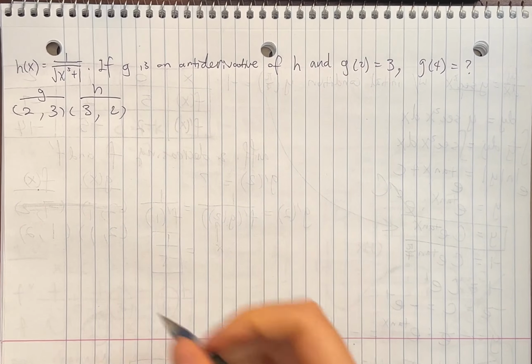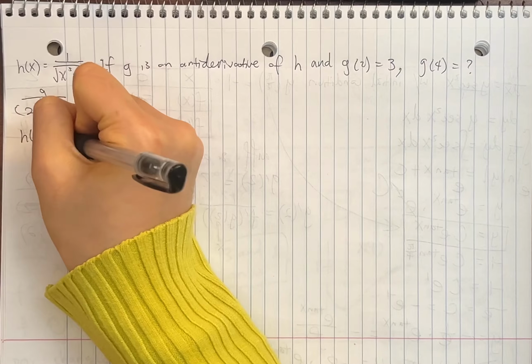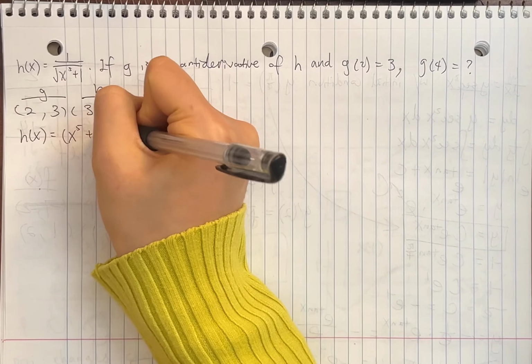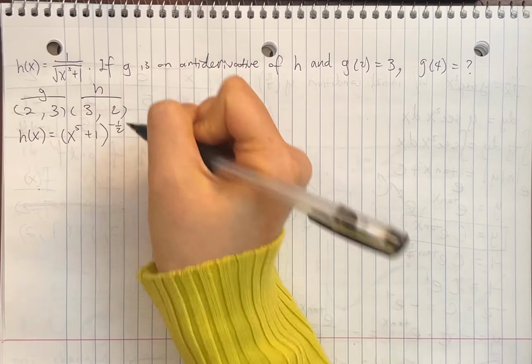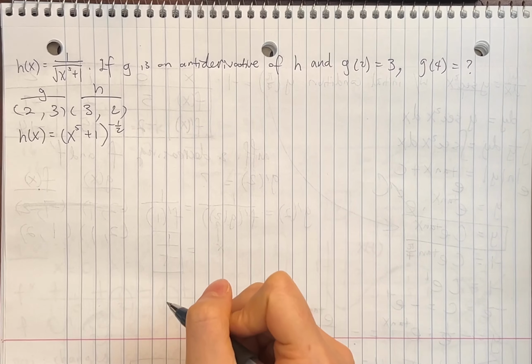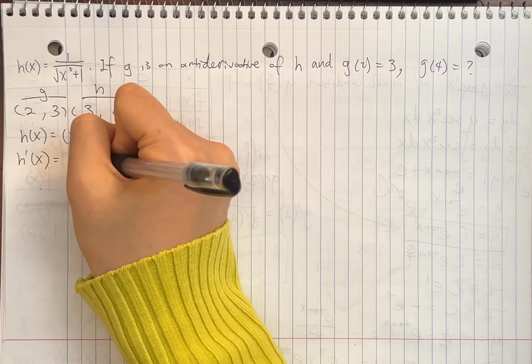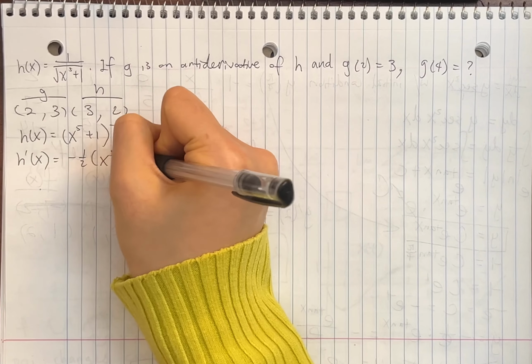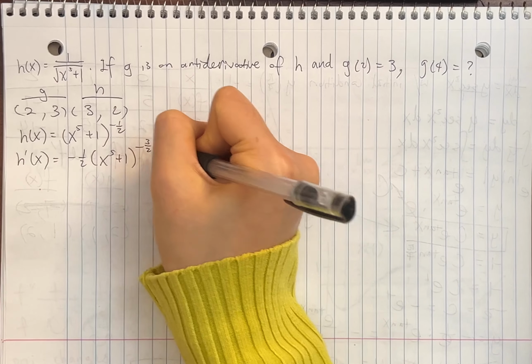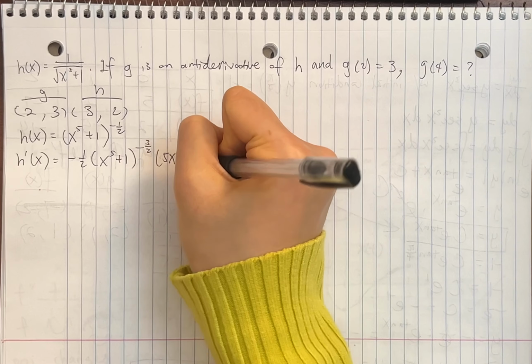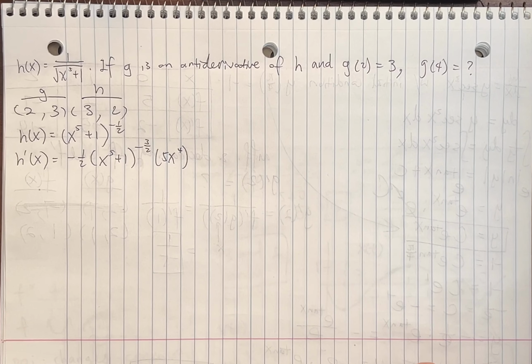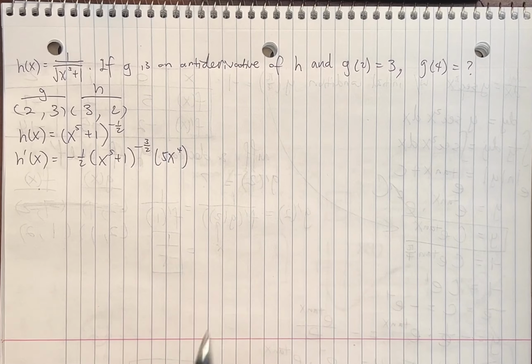We know that h of x is equal to x to the fifth plus 1 to the negative 1/2 power. We can start by taking the derivative of h, which will be this. Okay, so that's our h prime, and we are finding g of 4.